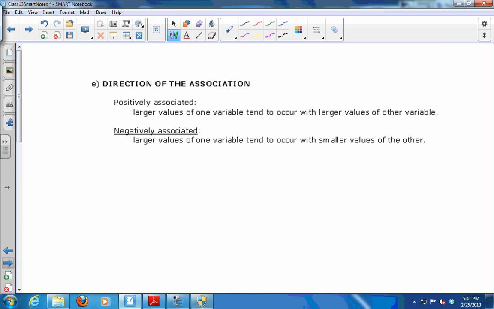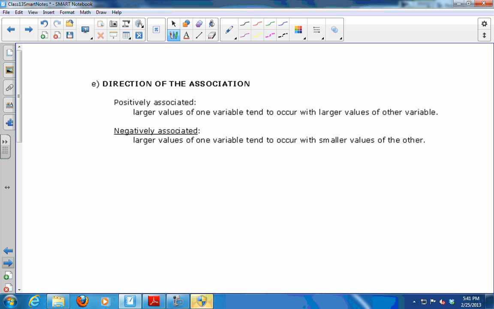Okay, so the direction of an association, we say, is either positive or negative. There's only two directions. Positively associated means that larger values of one variable tend to occur with larger values of the other. And negatively associated means that larger values of one variable tend to occur with smaller values of the other.